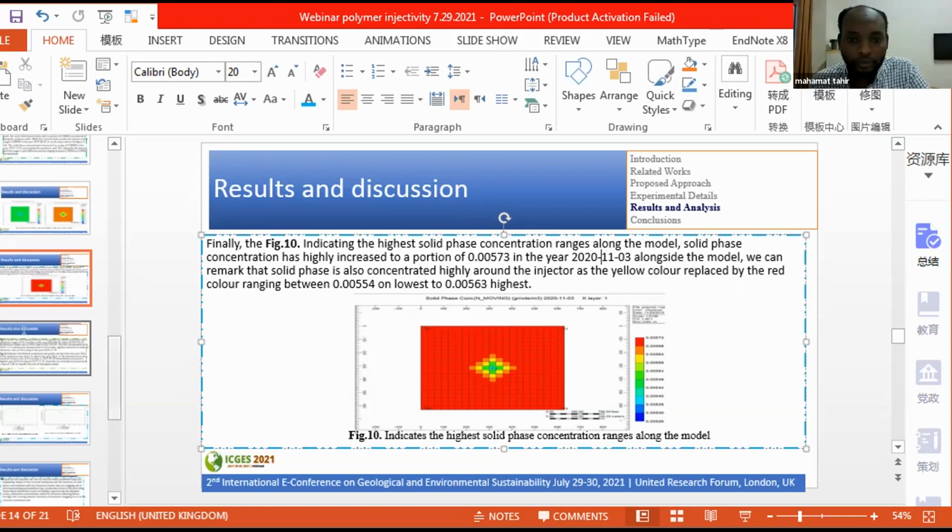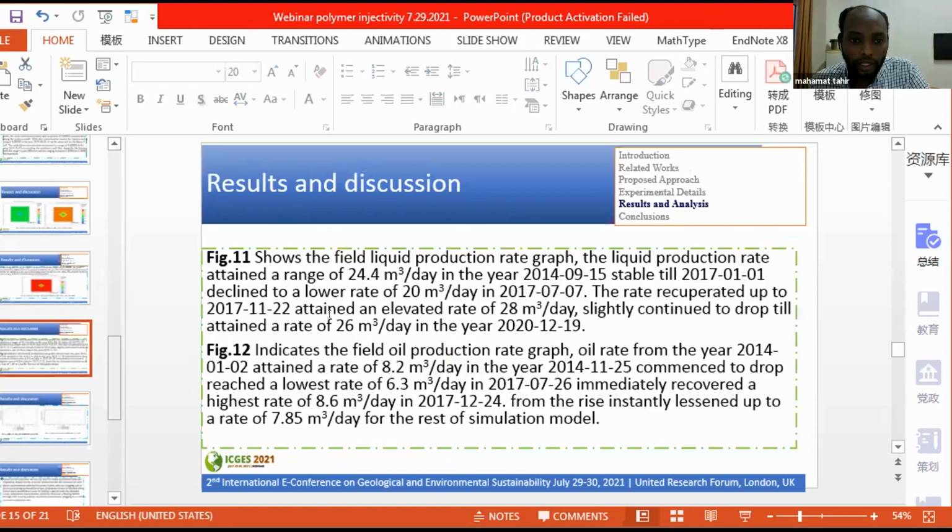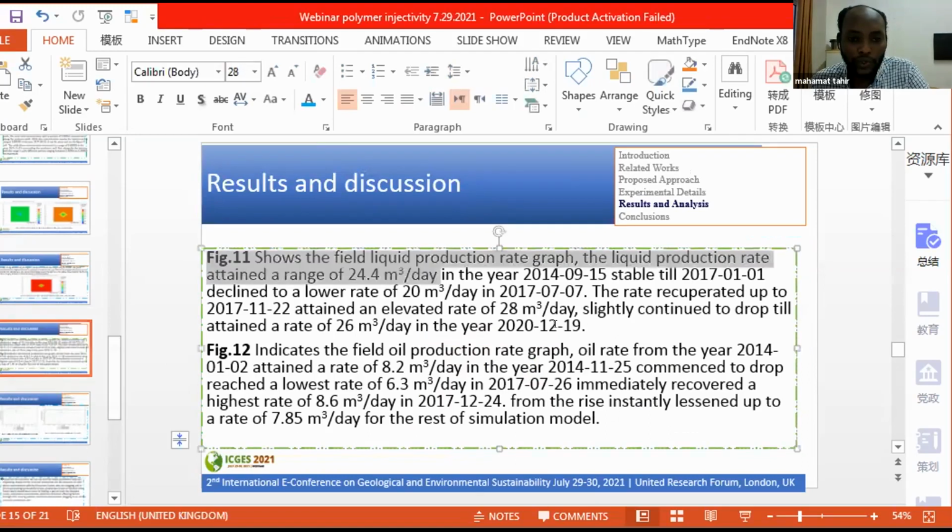We can also see the effects of the concentration of the solids on the liquid production rate, as well as on the field oil production rate.